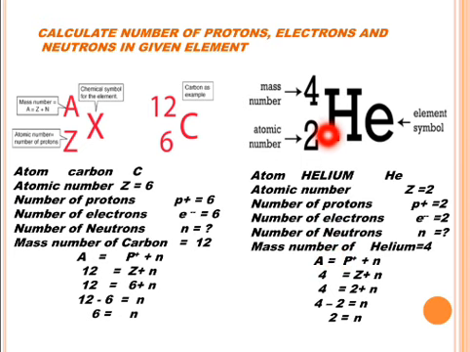By subtracting 2 protons from mass number 4, we get the number of neutrons in helium atom, that is 2. In this way we can calculate atomic number, number of protons, number of electrons, number of neutrons and mass number from the information given in this symbol.